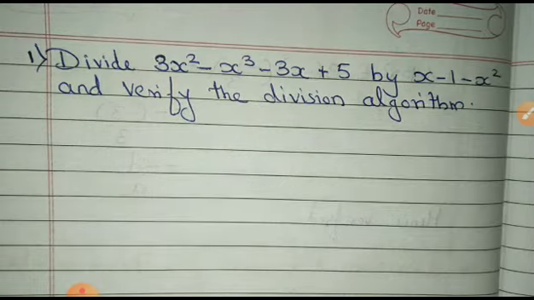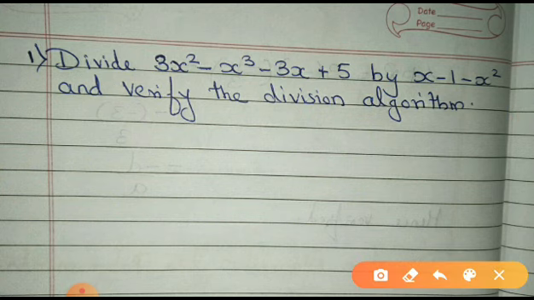Now, what we will do is, the question is: divide 3x square minus x cube minus 3x plus 5 by x minus 1 minus x square. First, rearrange the given polynomials in descending order according to the degree.